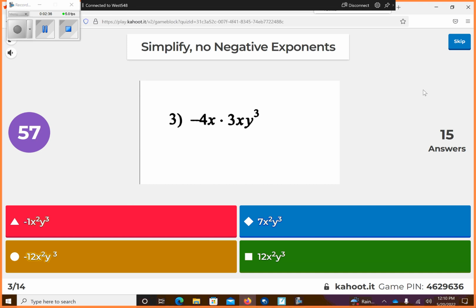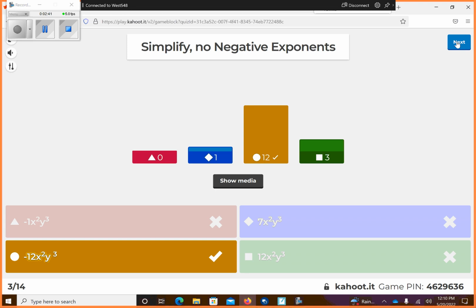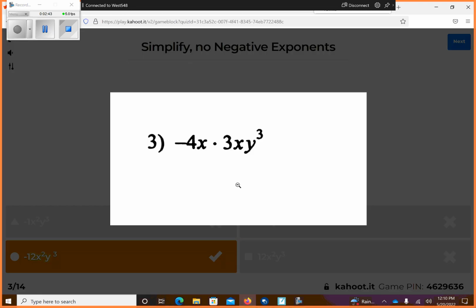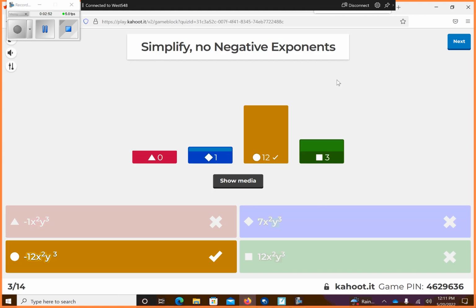We ready? Anyone need more time? All right, so let's make sure we know how to do this. Negative 4 times 3 is negative 12. X times x is x squared, and then y to the third. So negative 12 x squared y to the third.